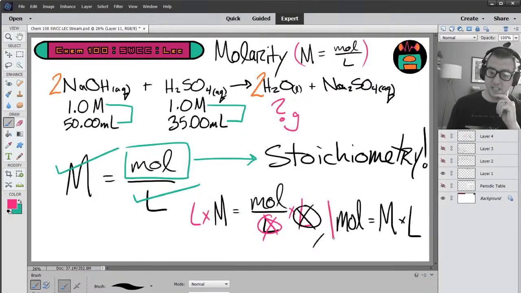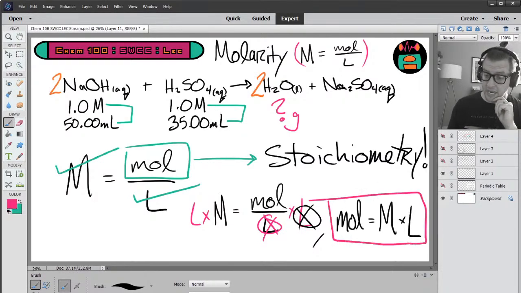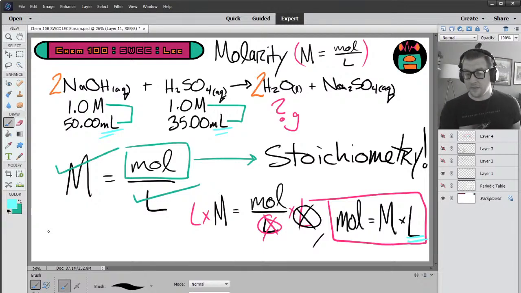So we're going to be using this to solve. One thing you may notice is our volume here has to be in liters, and these volumes that we are given are in milliliters. So we've got to do a unit conversion for each one. But once we have that, we just multiply these together, and that will allow us to find moles of solute.